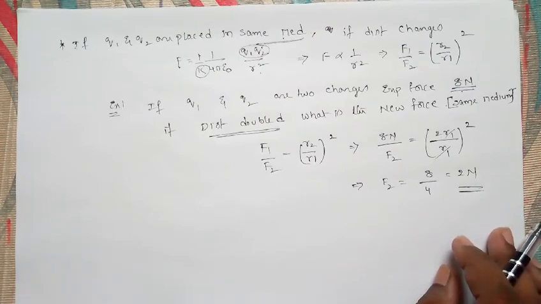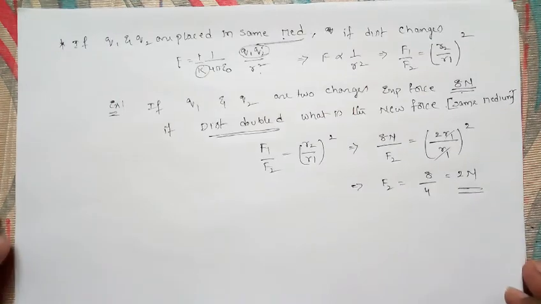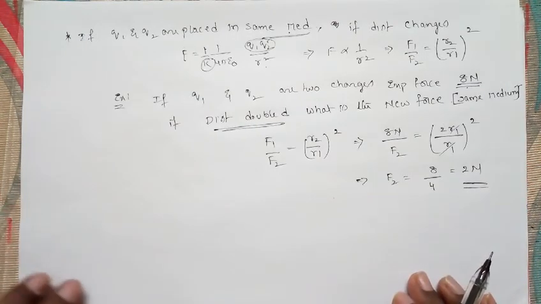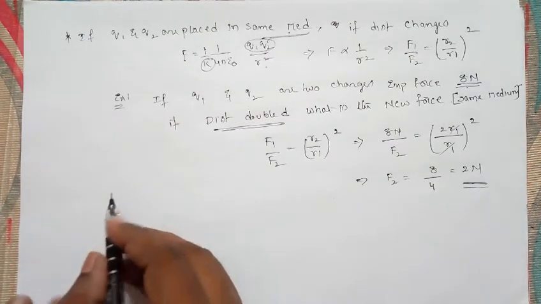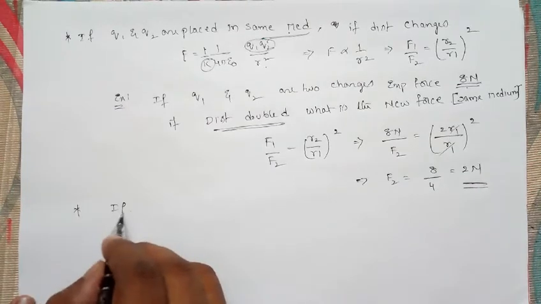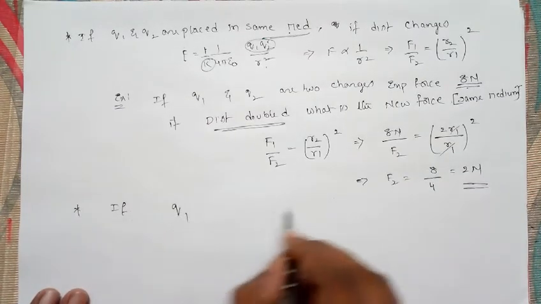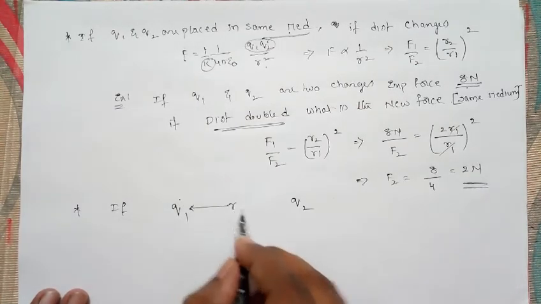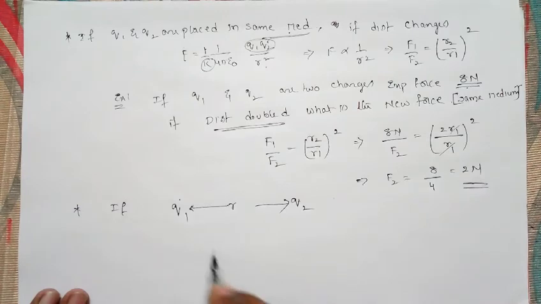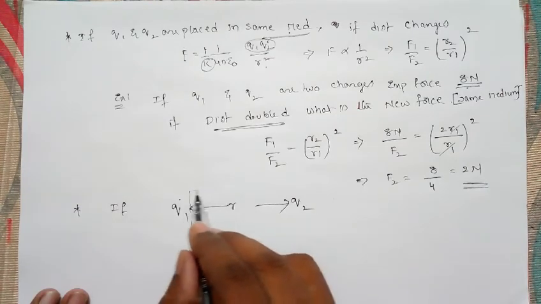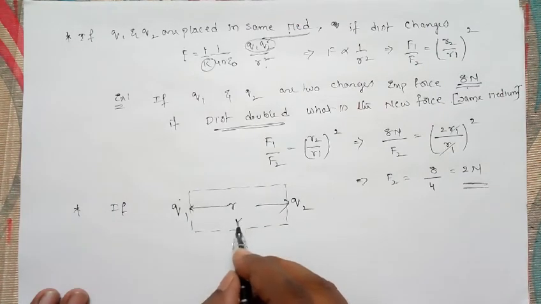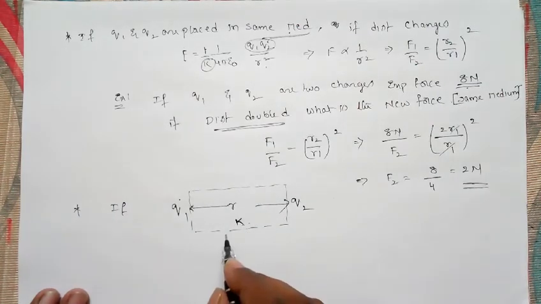Next we can say that if a dielectric medium is present, the force reduces by the dielectric constant times. If Q1, Q2 are the two charges and the separation is R, and this separation is completely filled with the dielectric constant K, then what about the force?